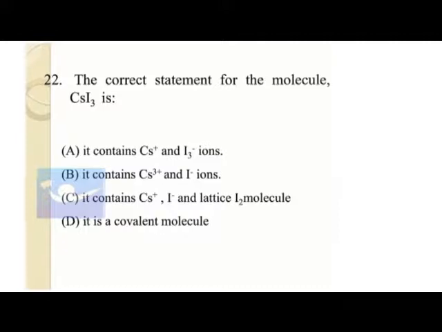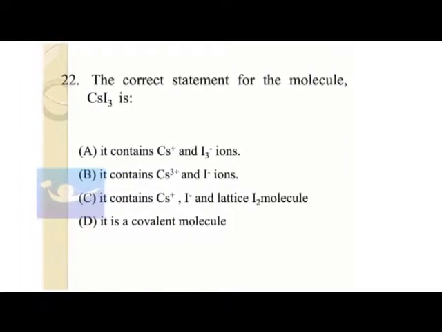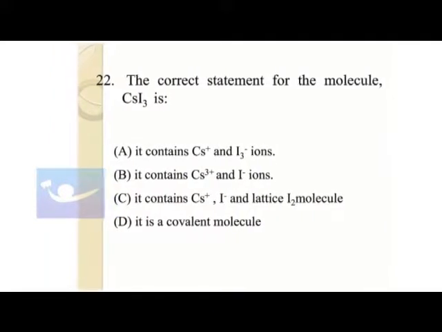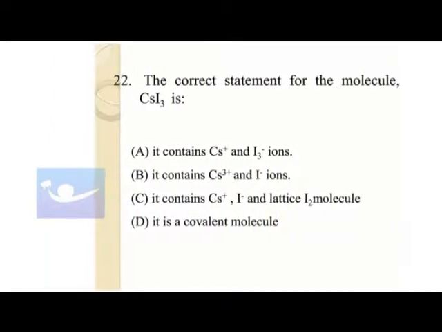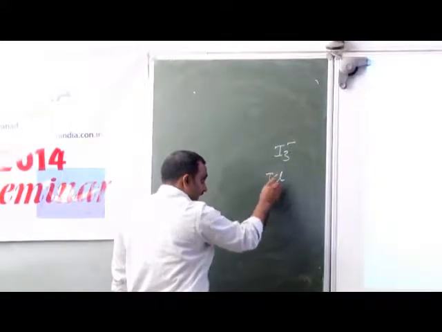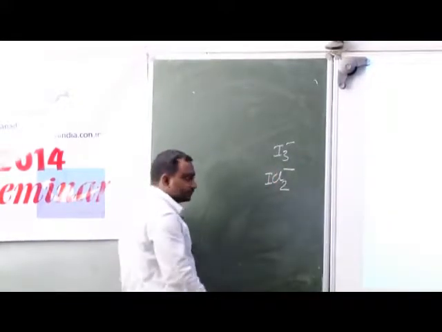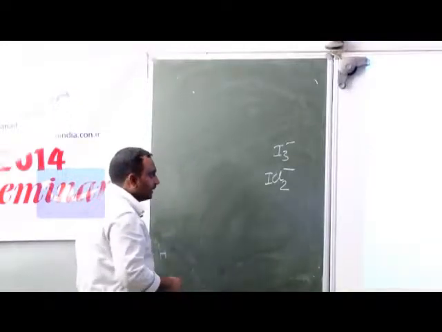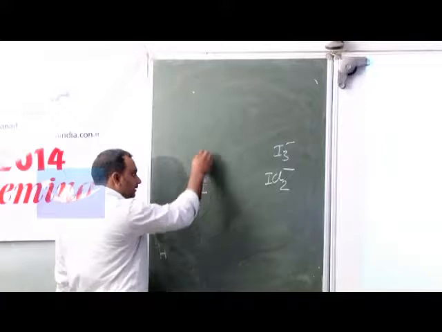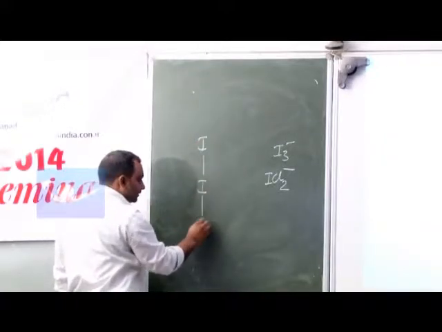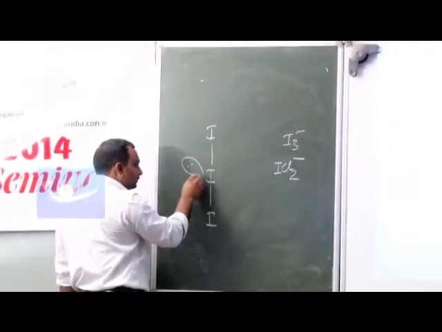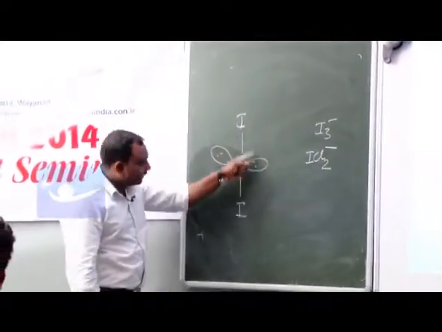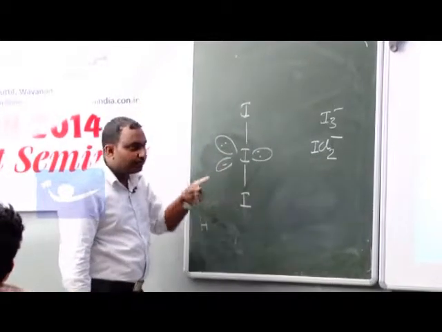There are few ions you must be familiar with. One is I3 minus ion, then ICl2 minus. What is the speciality of this ion if you ask? One of the atoms will be central and the connection will be like this, and the central atom will have 3 lone pairs of electrons, totally 5 pairs of electrons. Out of that 2 will be bonded pairs.